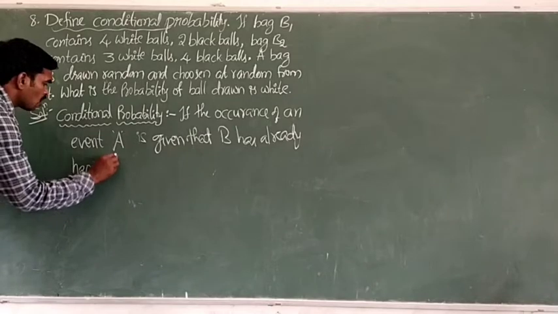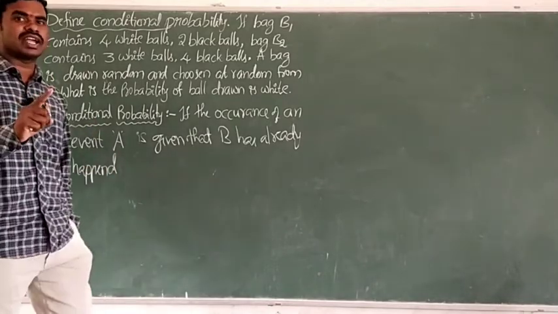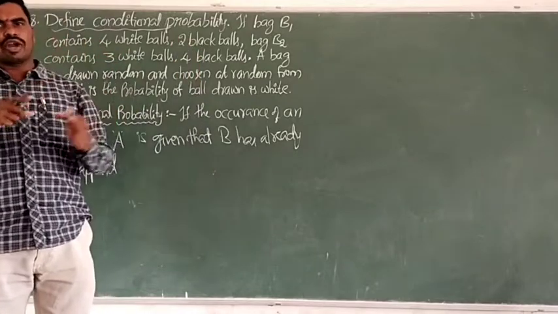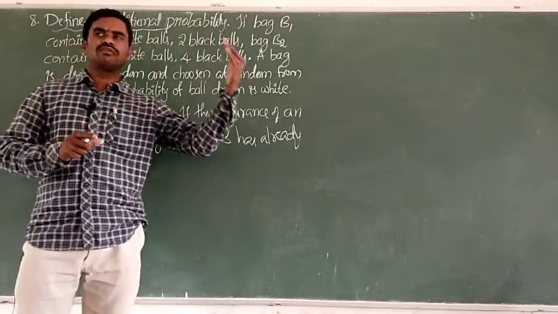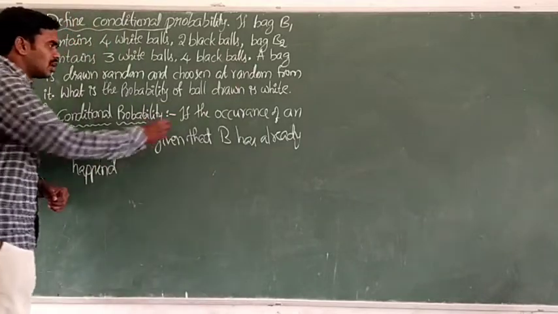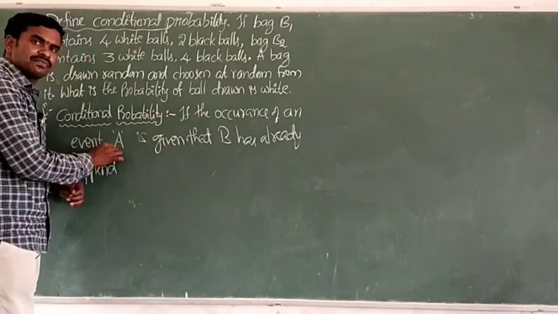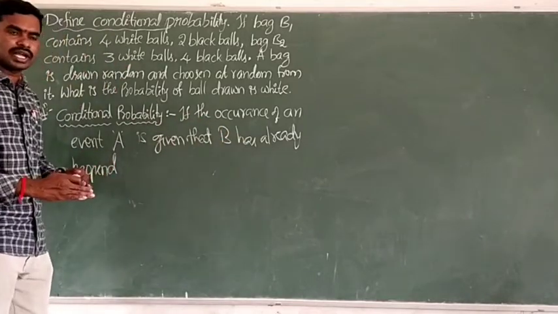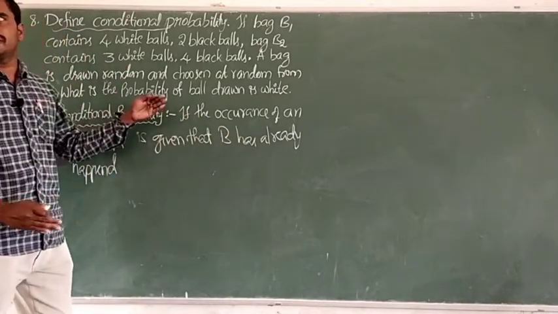So conditional probability depends on 2 events, one after one. Suppose B has already happened, then what is the probability of A? That is what we mean by conditional probability. Is it clear? Occurrence of event A, and B has already happened.